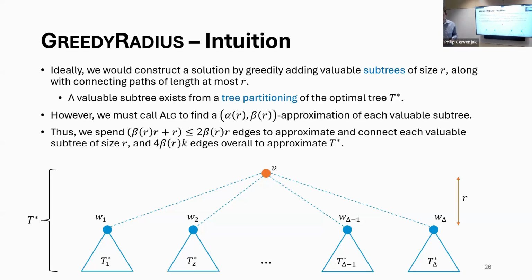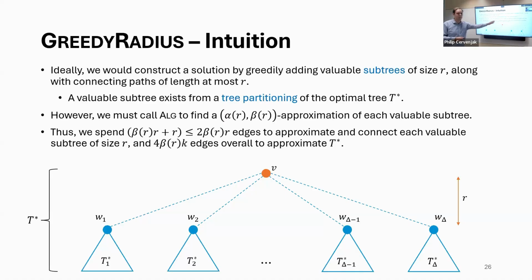But the thing is that approximating or finding these valuable subtrees is just reducing the problem to a smaller instance of the problem. So we have to call this subroutine to actually find the approximation for us. And so basically, for each subtree, we get an alpha of r approximation, and we spend 2 times beta of r times r edges, because we spend beta of r times r to approximate the subtree itself, and then we add r many edges to connect it.